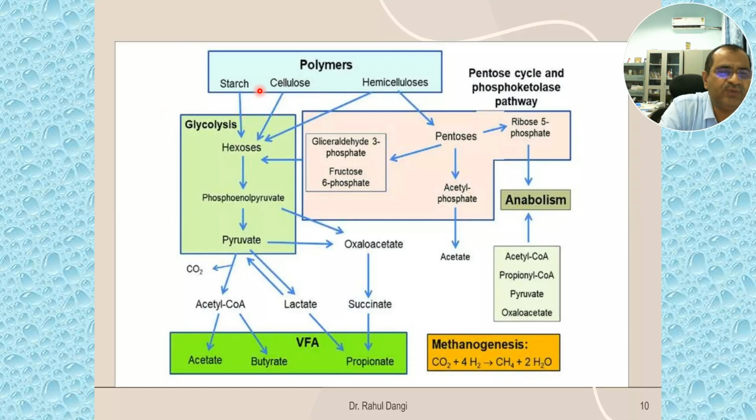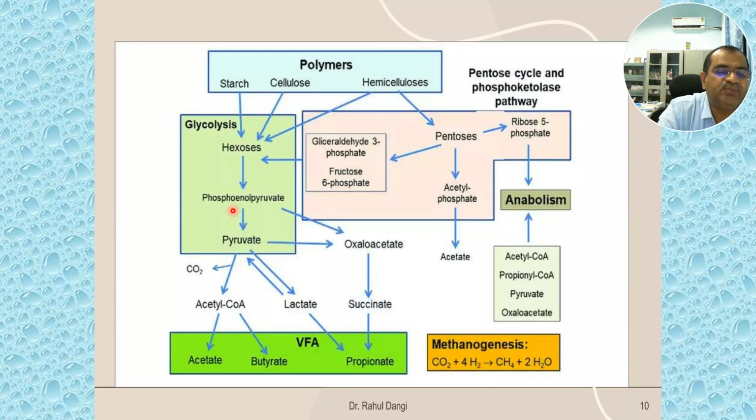So coming to the first one, that's the starches. Starch is an easily digestible carbohydrate available to any type of animal, including the ruminants. By the glycolysis process with several glycolytic enzymes, it is converted to hexoses. Then the hexose is converted to phosphoenol pyruvate, a product especially in the ruminal microflora.